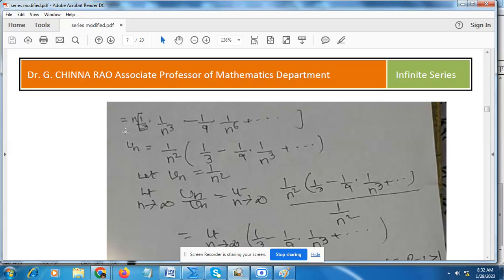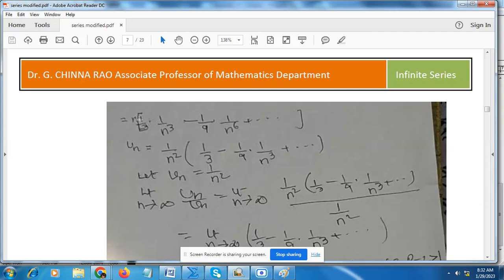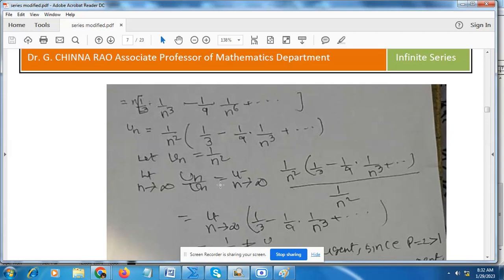So 1 by n cube into n, both cancel, then we have 1 by n square. What I told, when you take 1 by n cube common, n by n cube is 1 by n square. Then 1 by n square is alone, higher powers, so Vn is 1 by n square.